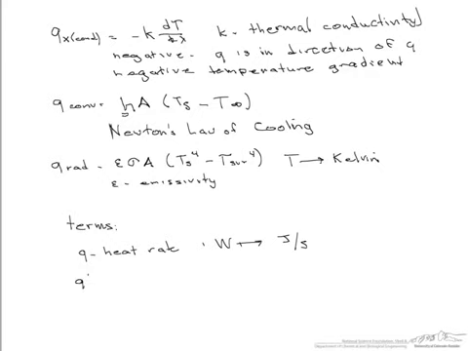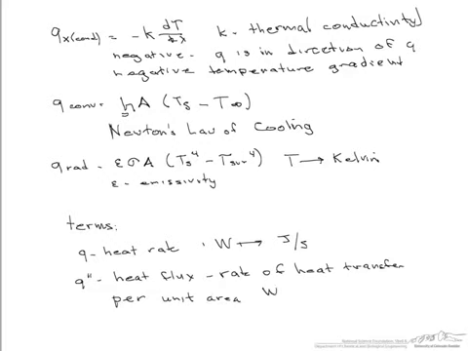We also see what's known as the heat flux. And the heat flux is actually the rate of the heat transfer. In other words, Q per unit area. Therefore, its units are watts per meter squared.